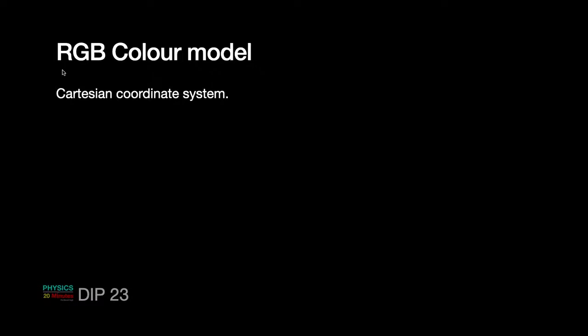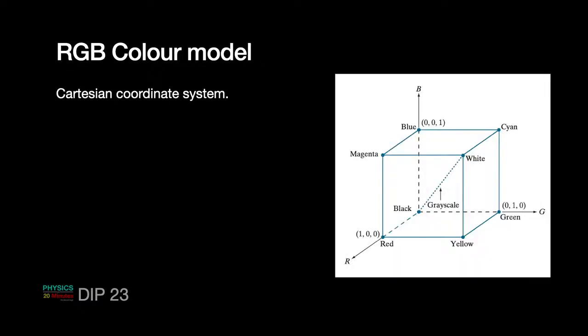So a Cartesian coordinate system is used to explain the RGB color model. How does it look? I have a drawing over here. These are my axes. This is the origin. This is one axis, this is another axis, and this is the third axis.